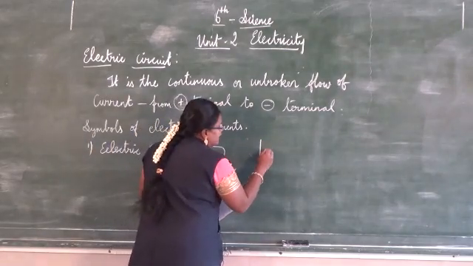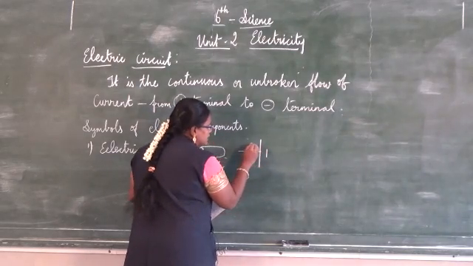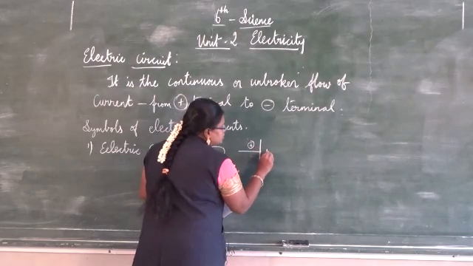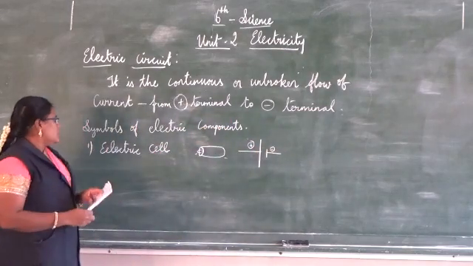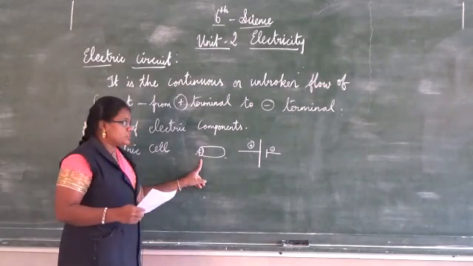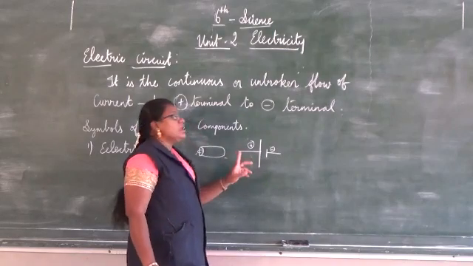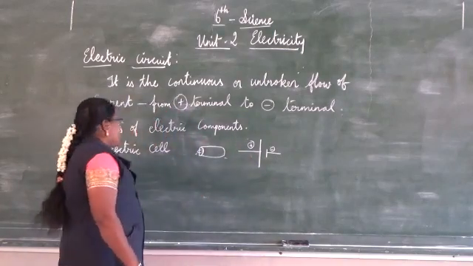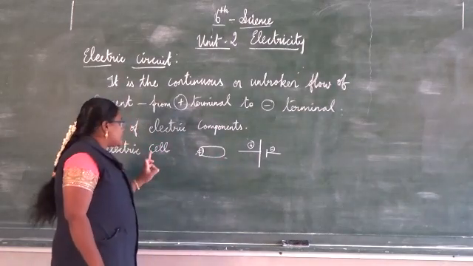See, a bigger line and a small stroke. Okay, the side where the bigger stroke is, that is positive. Where the smaller stroke is, that is negative. Understand children? So electric cell, it is the electric component picture. It is only the symbol. If you are using this symbol, it means it is an electric cell.